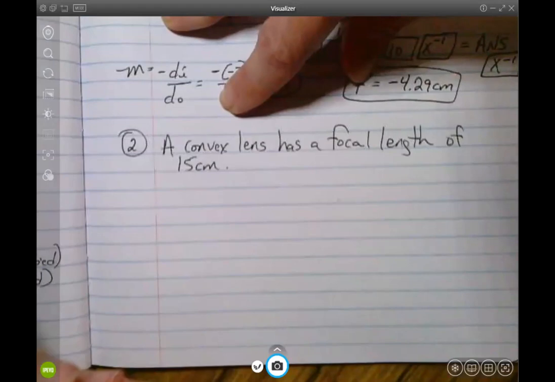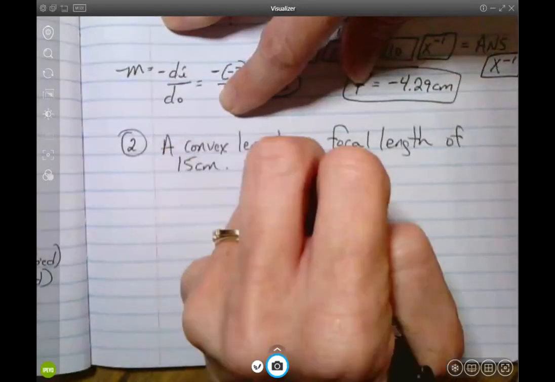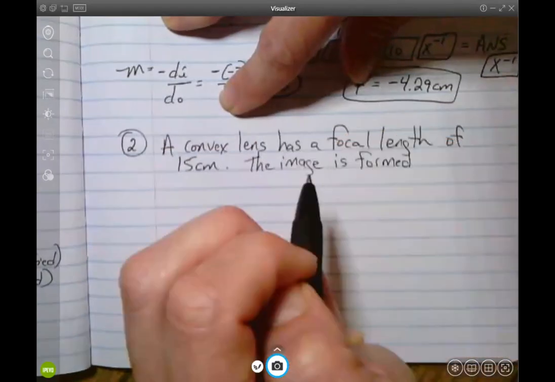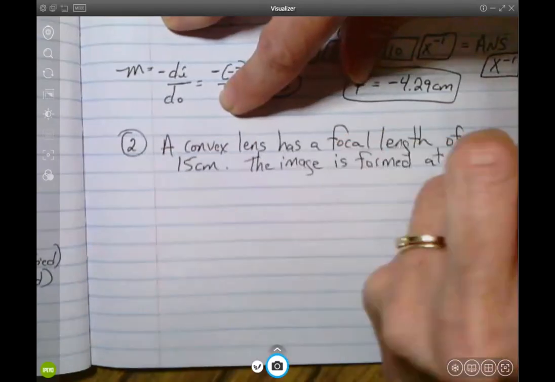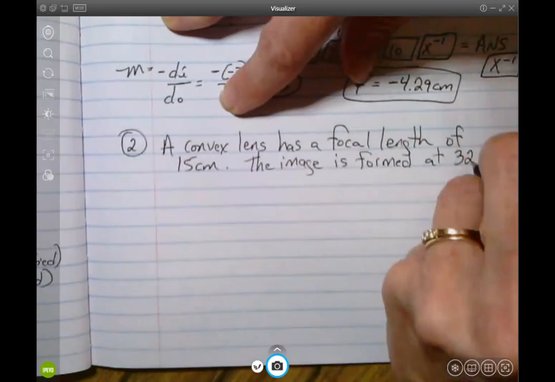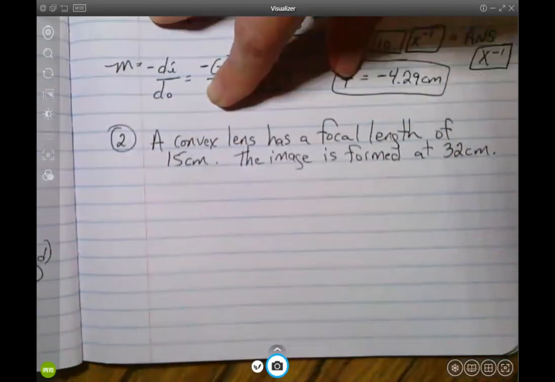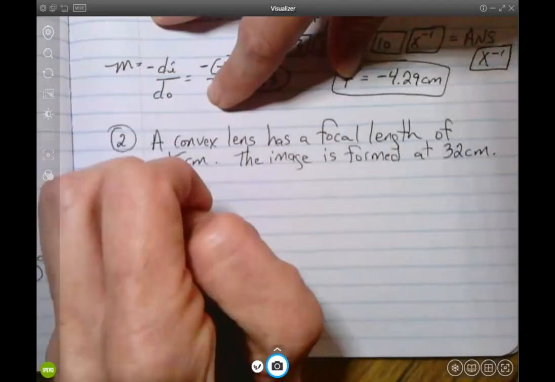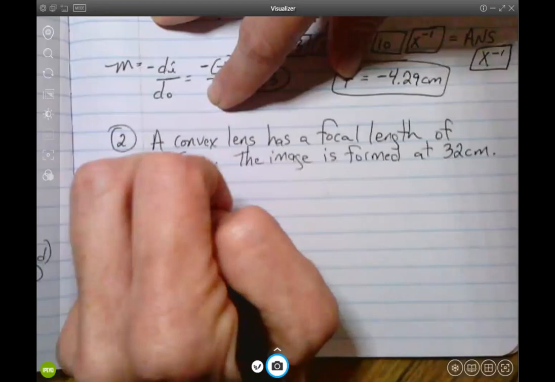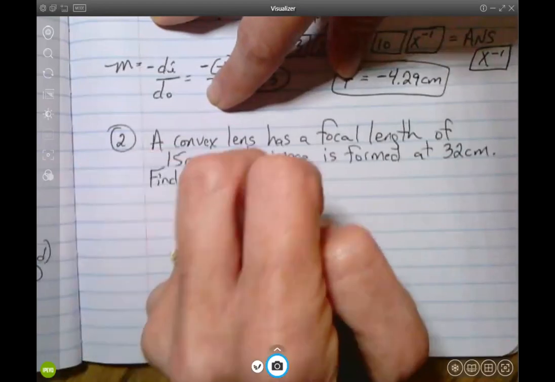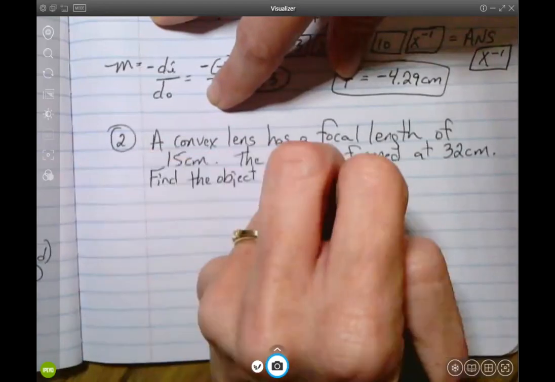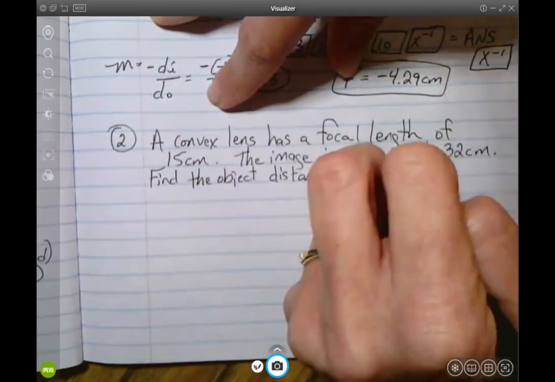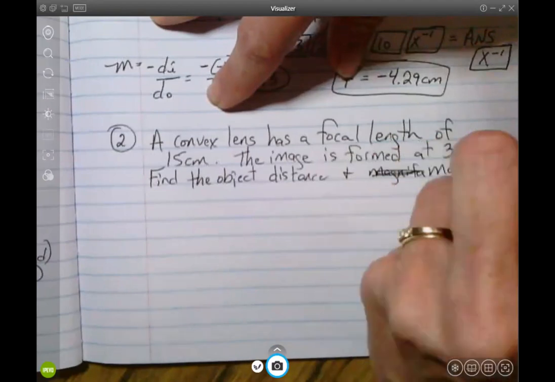The image is formed at 32 centimeters. Find the object distance and the magnification.